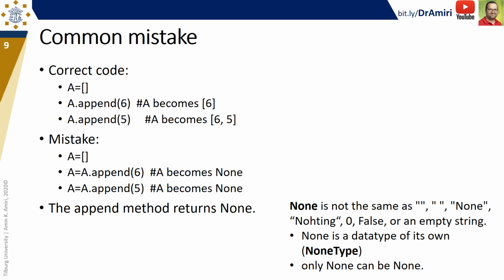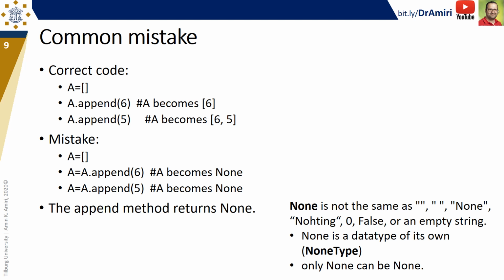So what are the common mistakes that students have in this course using lists? As I just mentioned, the correct code for appending is a.append(6), a.append(5), and as a result, 6 and 5 will be stored in A. But I see that some students confuse append with, for example, copy or other methods that return something.